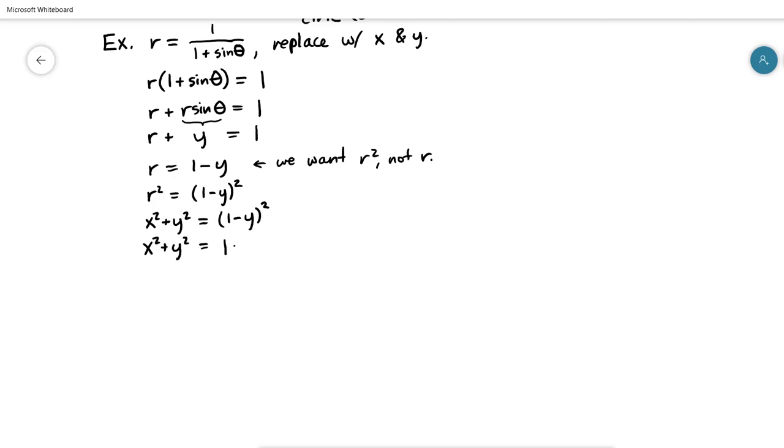I'm going to get 1 minus 2y plus y squared if we FOIL that all out. And I can immediately cancel. I've got a y squared on this side, and I've got a y squared on this side. I can subtract that term off and cancel it. And now, instead of having y showing up in 3 separate places, it only shows up in one place. And we're going to be able to fairly easily solve for y and get an explicit form.